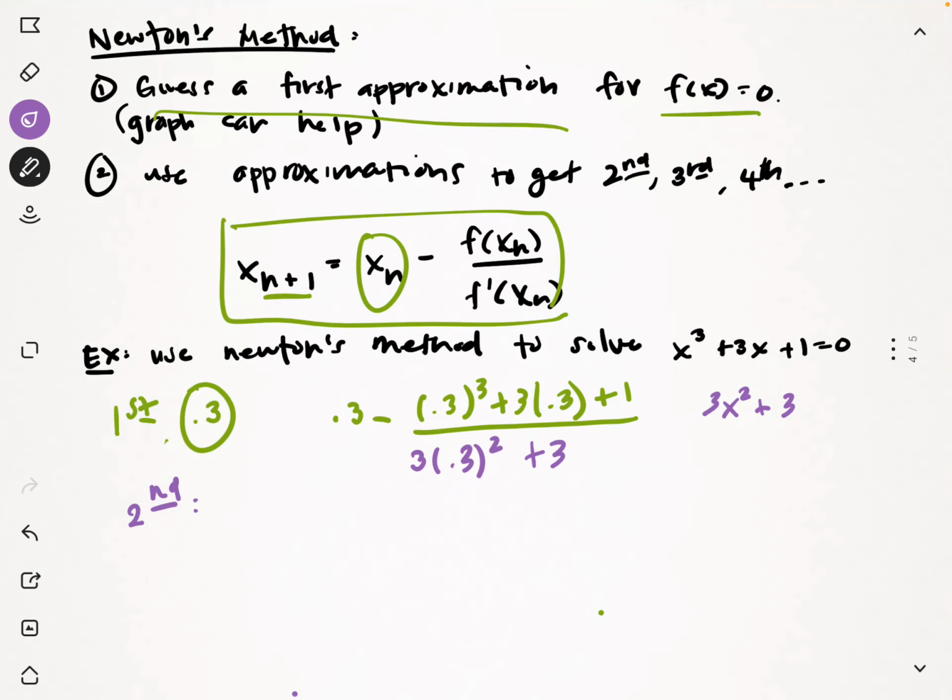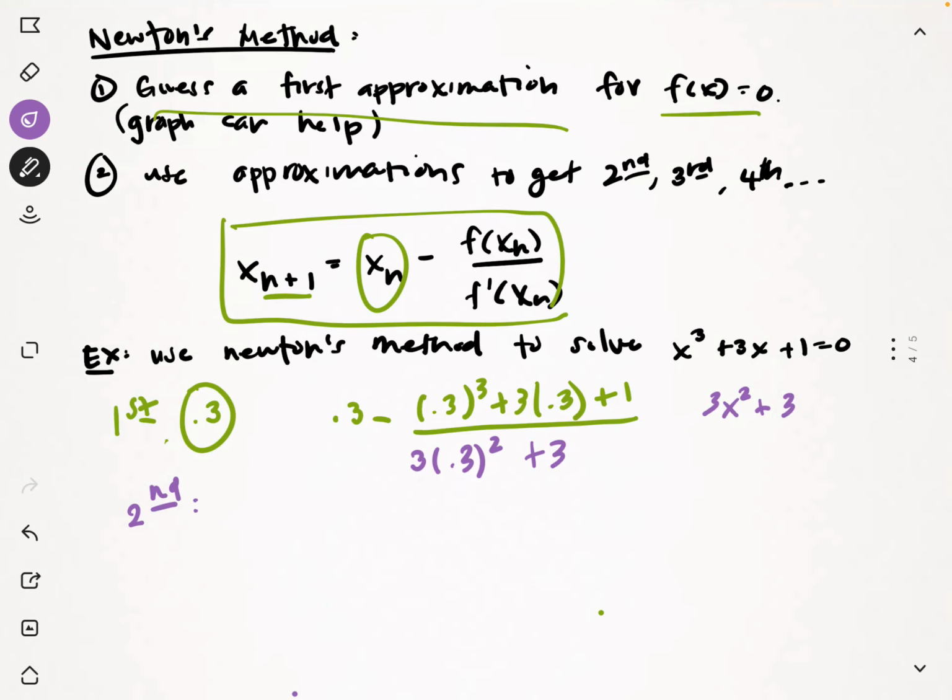Let's calculate 0.3 minus, I'm going to put parentheses around the whole top. So 0.3 cubed plus 3 times 0.3 plus 1. Close my parentheses, then my division.